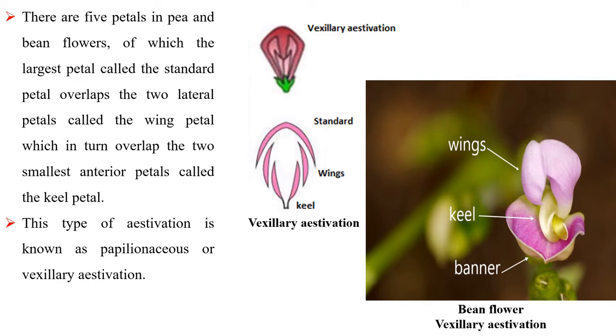There are 5 petals in pea and bean flowers, of which the largest petal called the standard petal overlaps the 2 lateral petals called the wing petal, which in turn overlap the 2 smallest anterior petals called the keel petal. This type of estivation is known as papilionaceous or vexillary estivation.